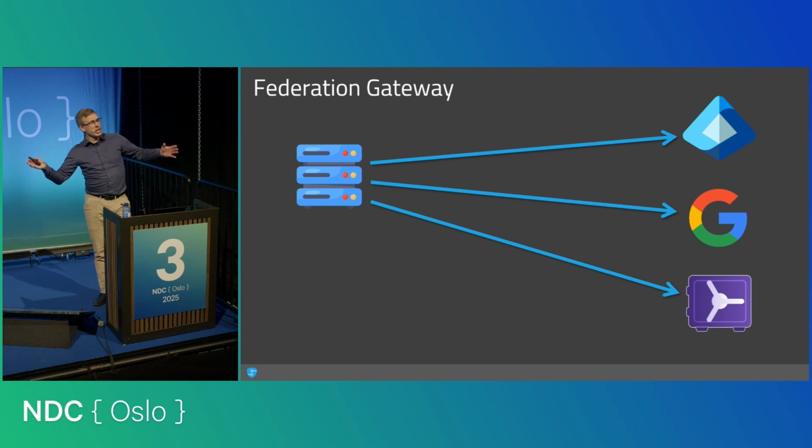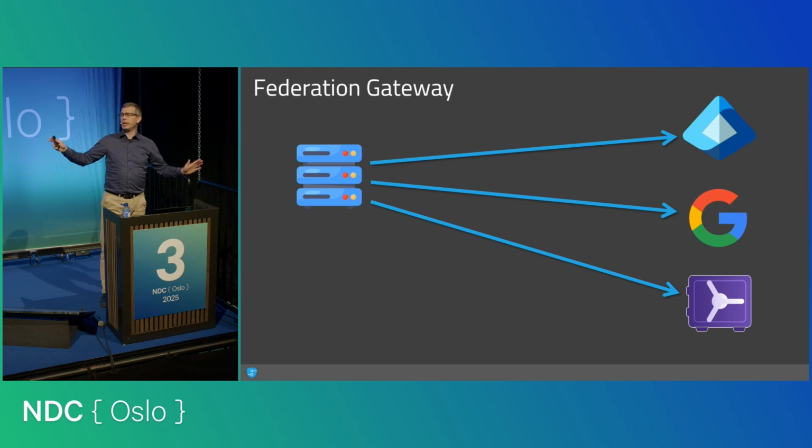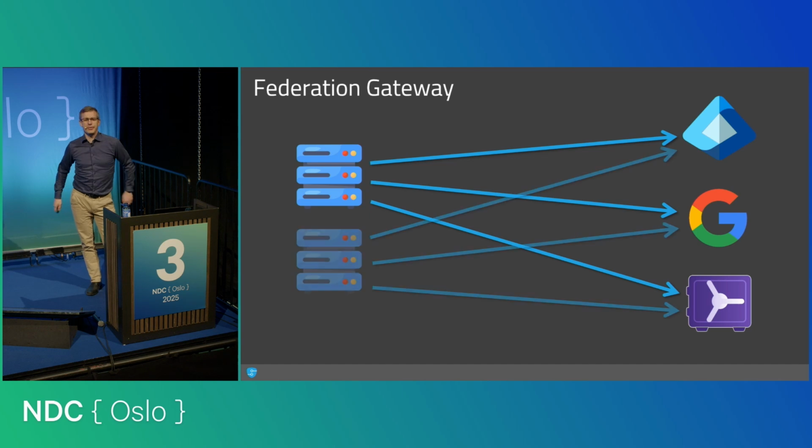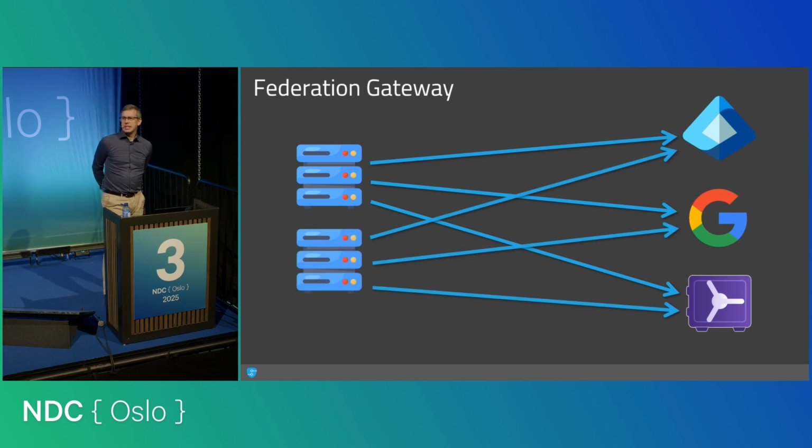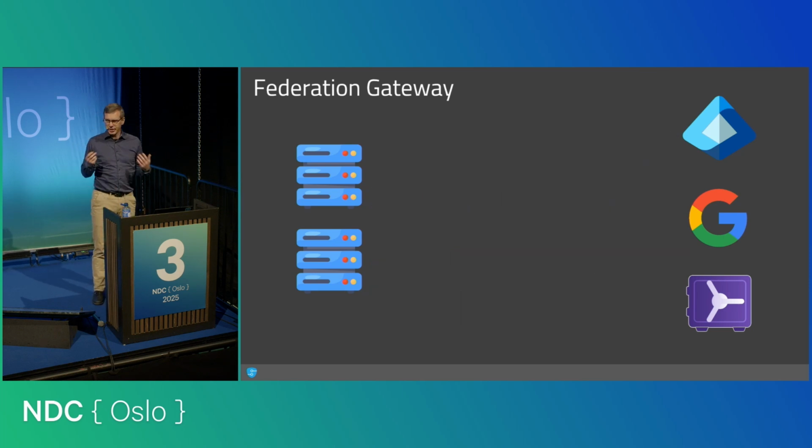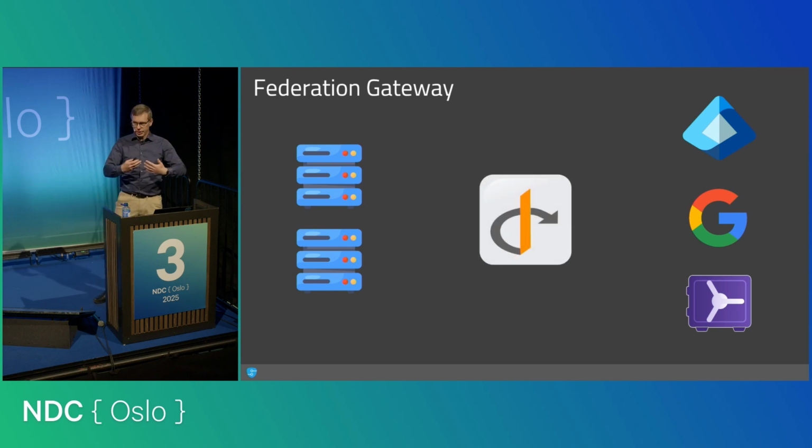So once you're done, I completely realize you are happy. And then your manager comes along and says, hey, you were so great at that. We have now the client application. Can you please connect it to all 3 of them? And this is a typical N times M problem in software. So what do we do when we have that kind of problem in software? Well, we reduce this complexity with a hub and spoke architecture.